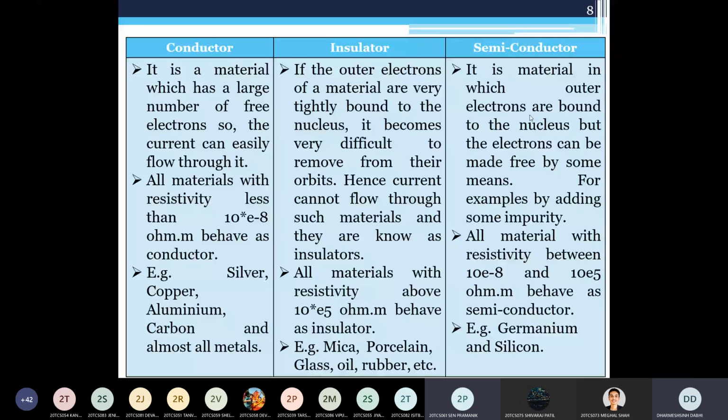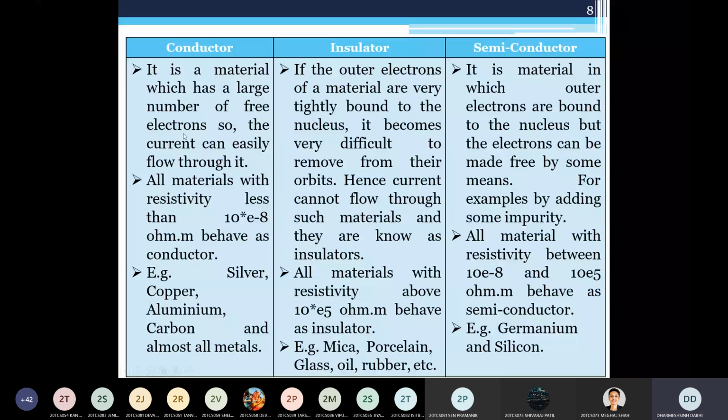So it means that semiconductor material requires some external energy to move the electrons from one band to another band. But that is not required in the conductor. Suppose you apply the same voltage to a conducting material, the current will start from zero voltage. Clear? Because they do not require any external energy, as there are a large number of free electrons available in conductors.